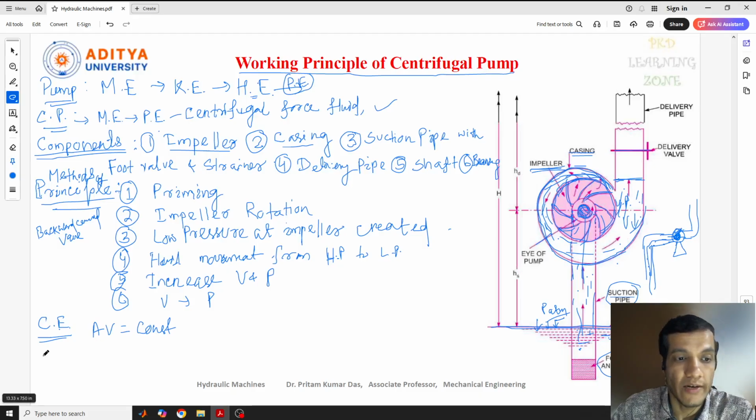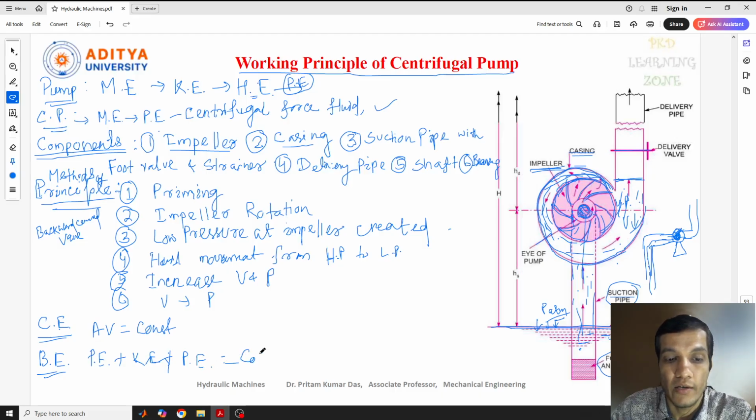Now another principle I'll tell you, that is Bernoulli's equation. In Bernoulli's equation, if you remember, we have pressure energy, then kinetic energy, plus potential energy, equal to constant. Potential energy is nothing but the distance.